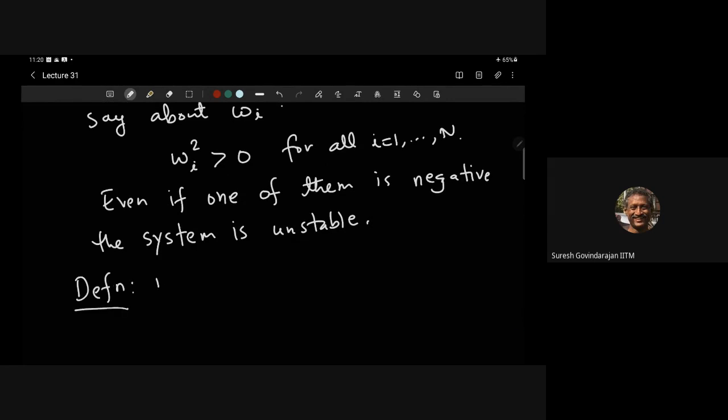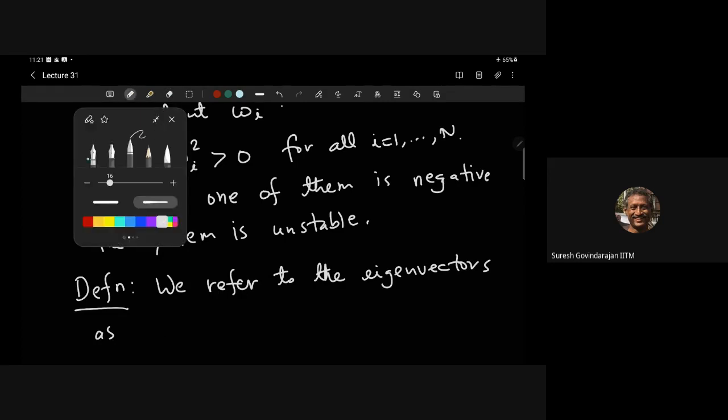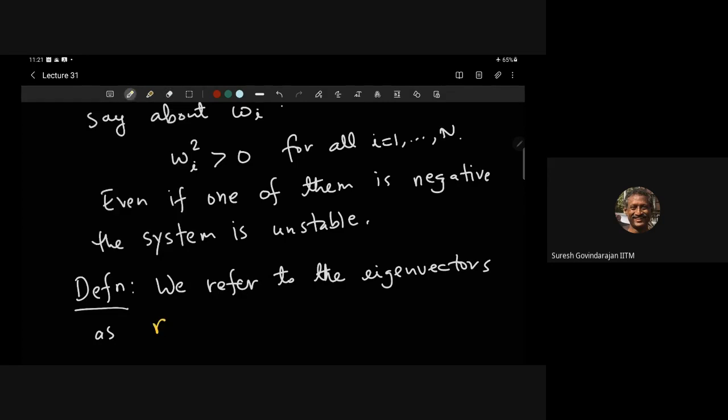We refer to the eigenvectors as normal modes. So let's use some other color. So eigenvectors are defined, just in analogy with this, as normal modes. This is just a definition.